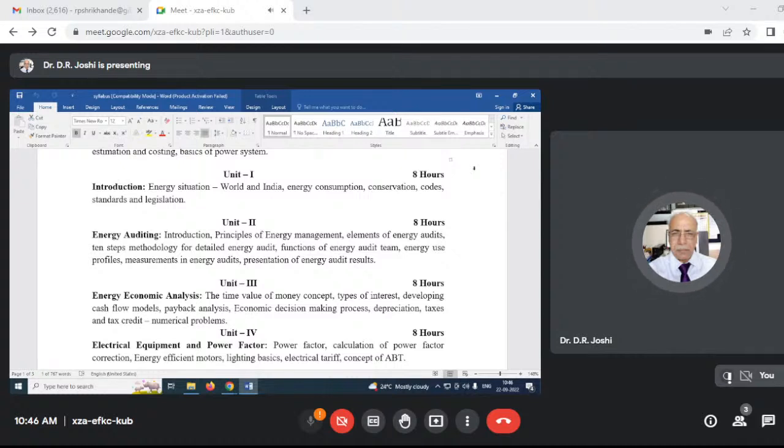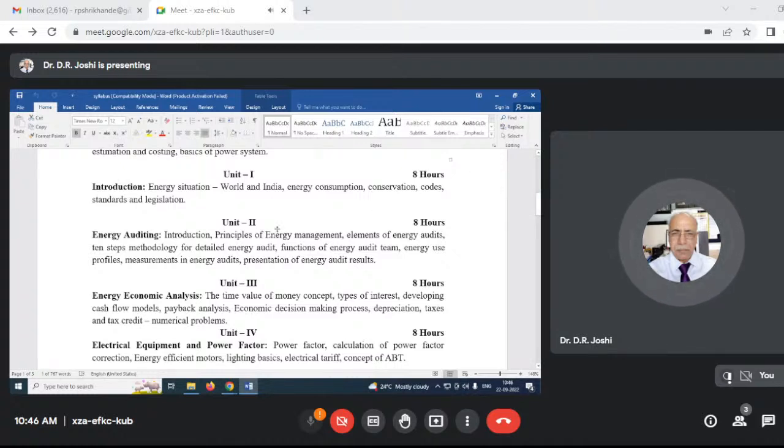So this entire energy audit is basically to measure the energy input to the company, and after that the energy output in terms of productivity, and hence finding out the methods of conserving the energy and making the production cost low.